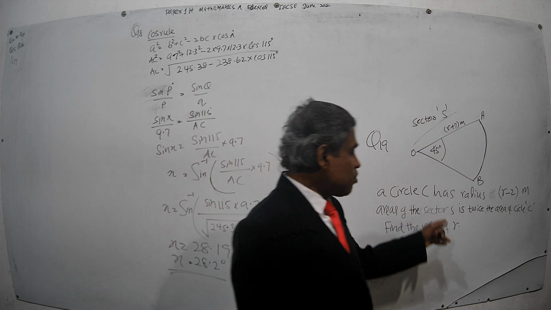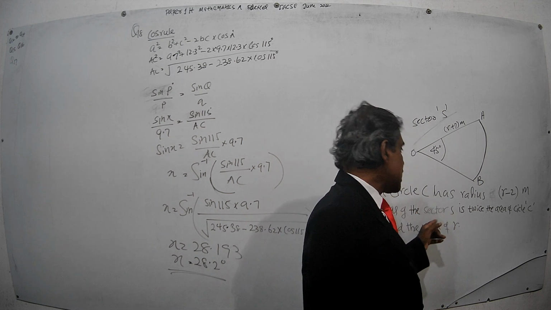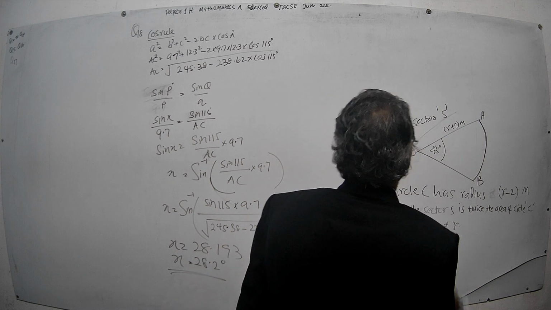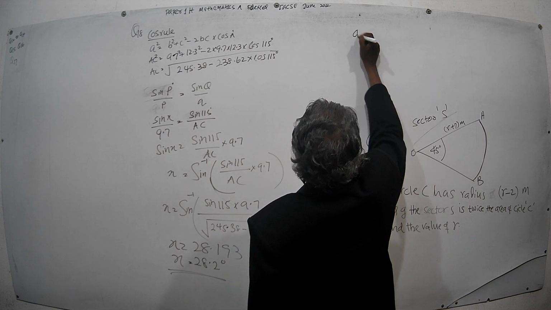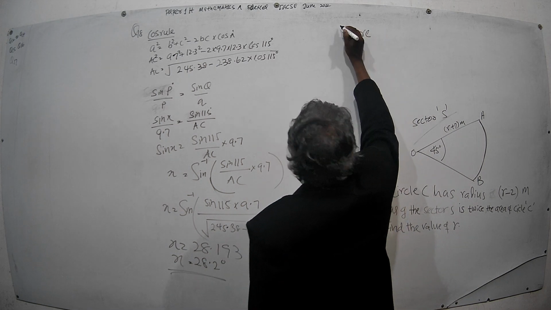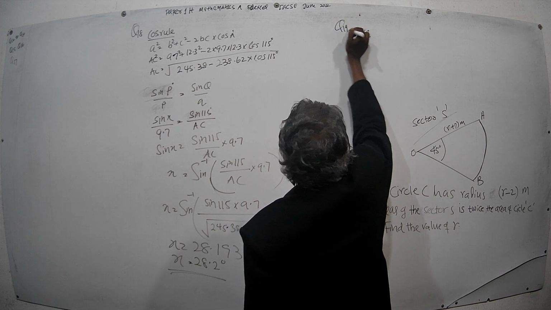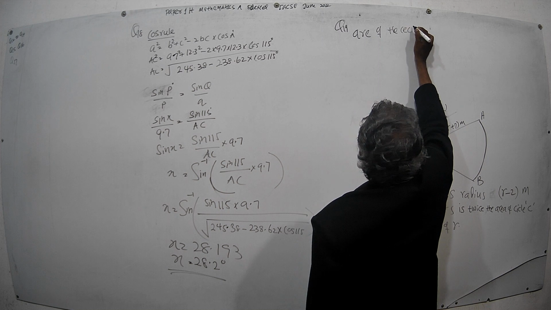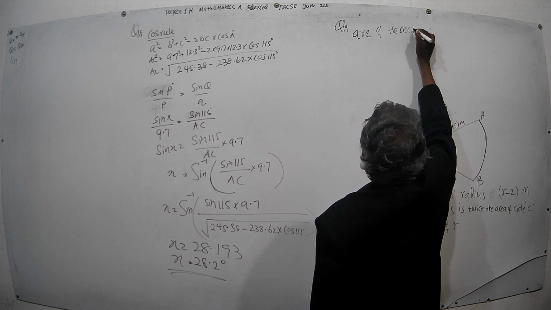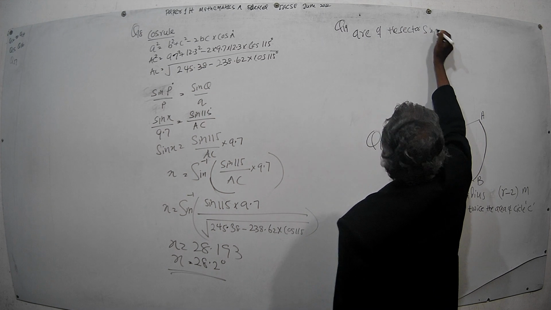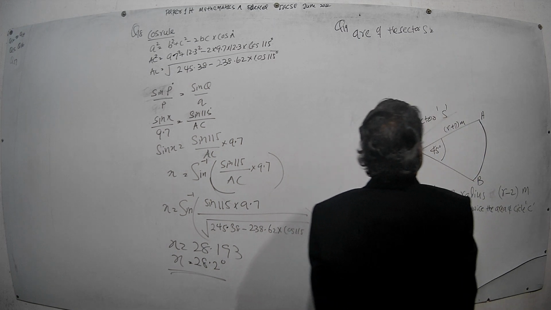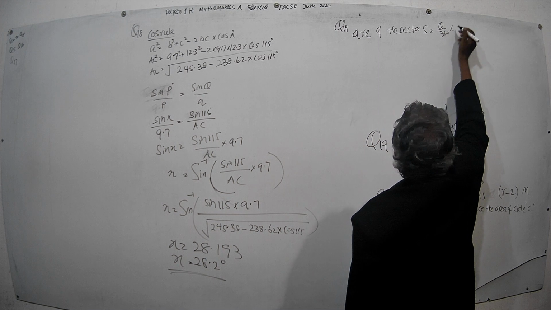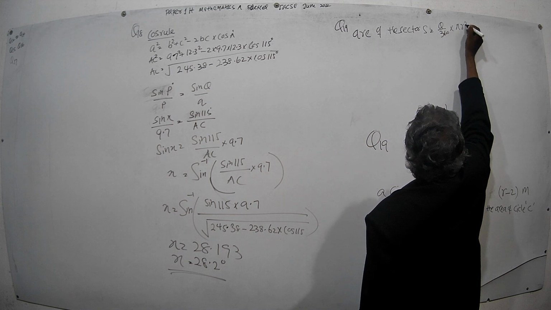They have given the relationship of the areas, that is, area of the sector S is twice the area of the circle. Area of the sector S equals, how do you find the area of a sector? Theta over 360 into pi r squared.